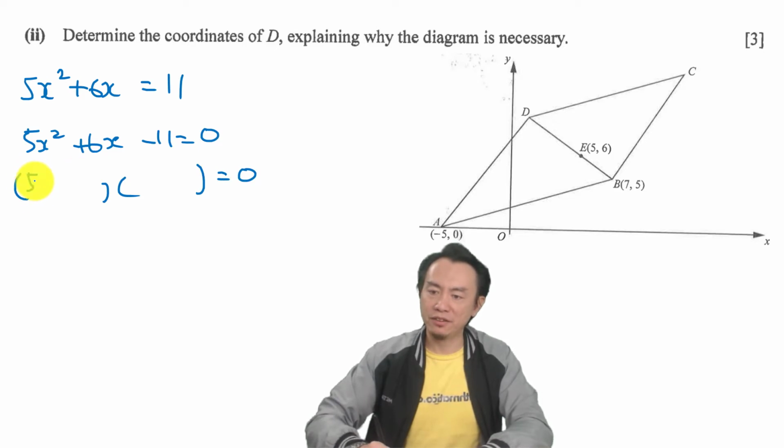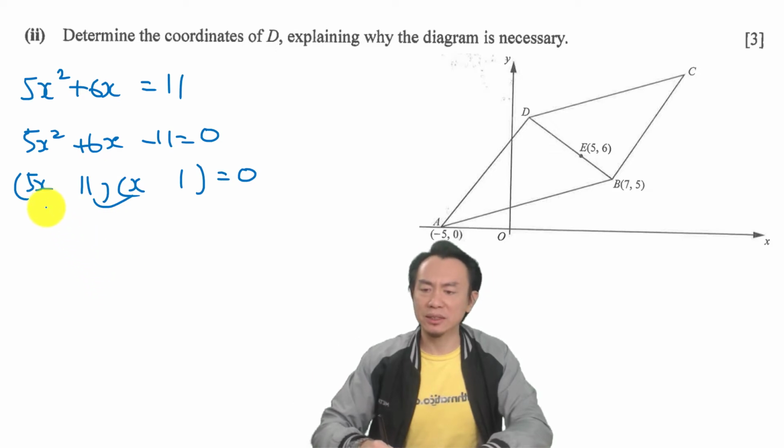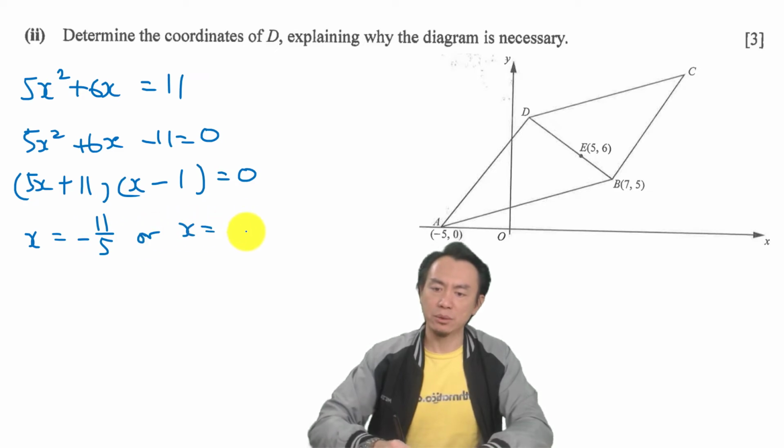So we have 5x squared, that's 5x times x. 11 you can't factorize, so I'm just going to put it here and 1, right? So 11 times 1 is 11. 11 minus 5 is 6, so that's great. We want a positive 6, so that's positive 11 minus 5. Okay, that's it. So x is equals to negative 11 over 5, or x is equals to 1.